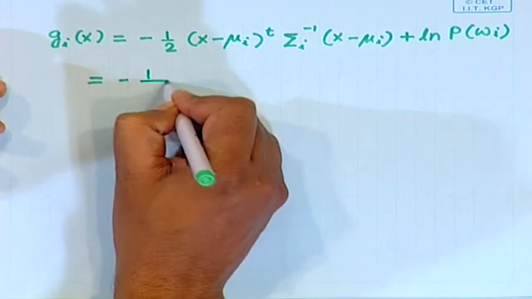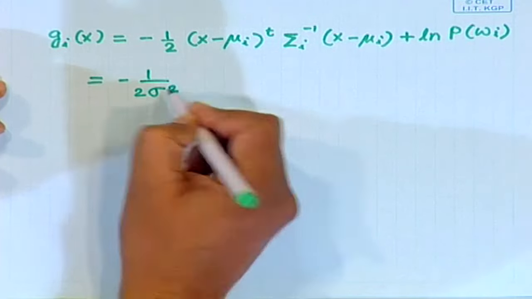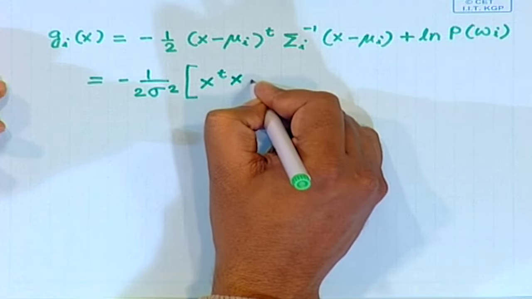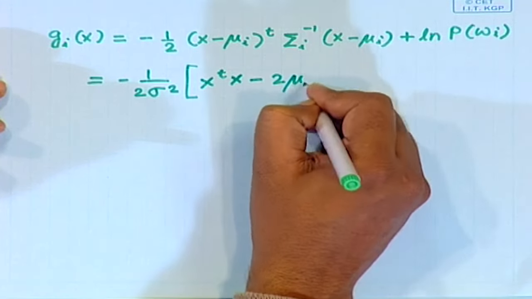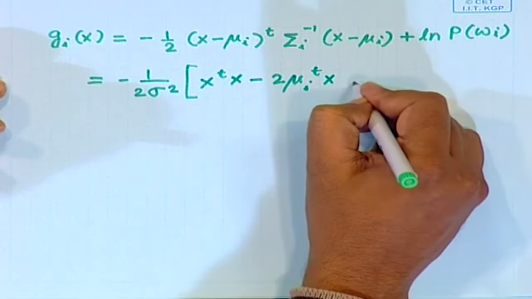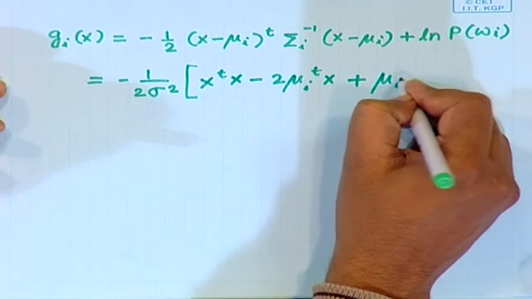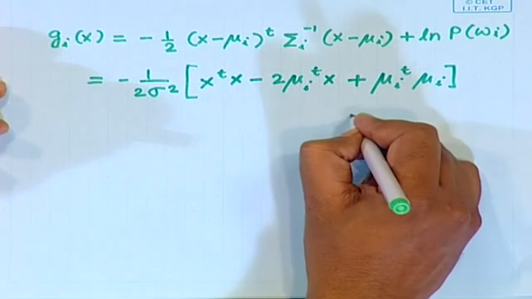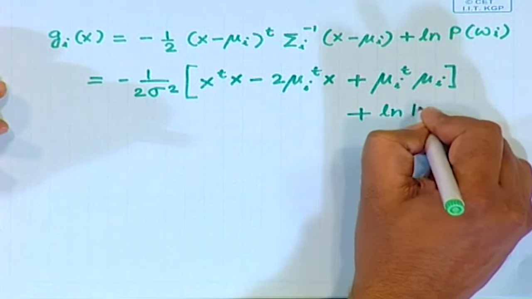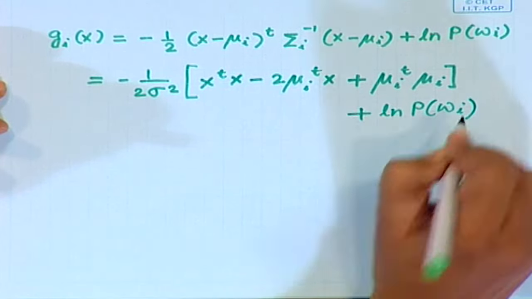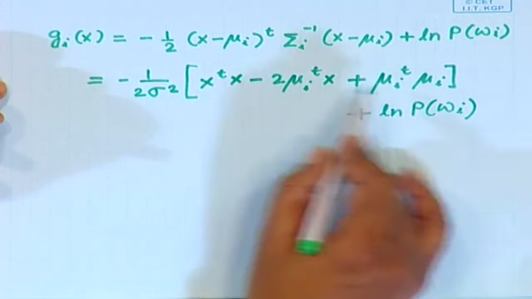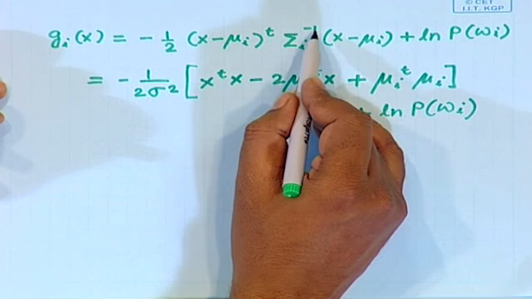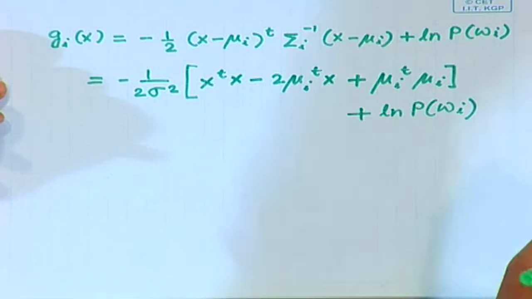So if I expand this term, you find that this expression can be written as minus 1 upon 2σ² into (x transpose x minus 2 μ_i transpose x plus μ_i transpose μ_i) plus log of p(ω_i). This is nothing but the expansion of this term, where the Σ_i inverse we have said is 1 upon σ² into the identity matrix.